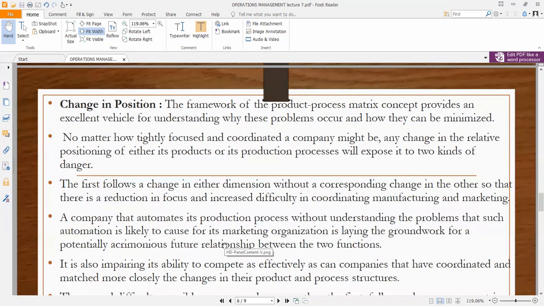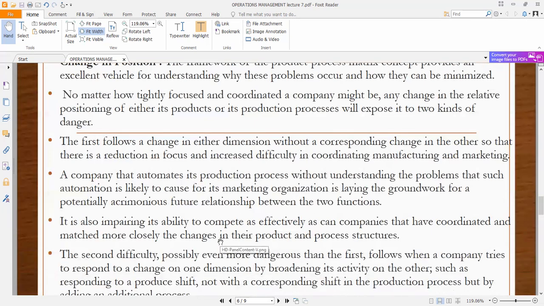without a corresponding change in the other, so that there is a reduction in focus and increased difficulty in coordinating manufacturing and marketing. A company that automates its production process without understanding the problems such automation is likely to cause for its marketing organization is laying the groundwork for a potentially acrimonious future relationship between the two functions.